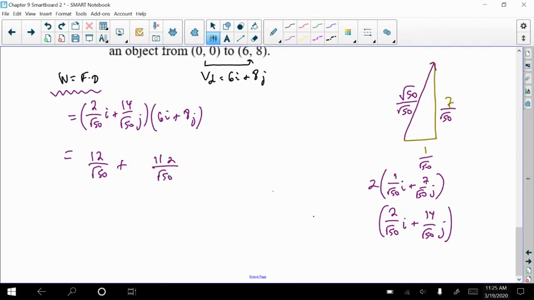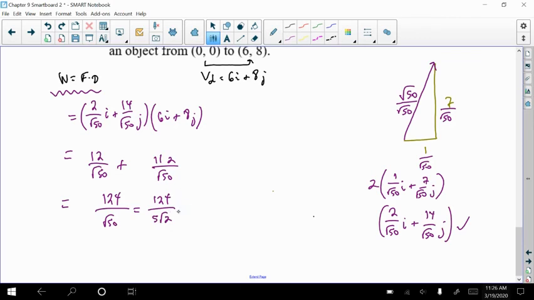Now, the nice thing, because we have these unit vectors, they'll always have the same denominator. So when I go to add these up, I don't have to find a common denominator. That's 124 divided by the square root of 50. We could simplify that if you would like. The square root of 50 is the square root of 25 times 2, so it'd be 5 root 2.